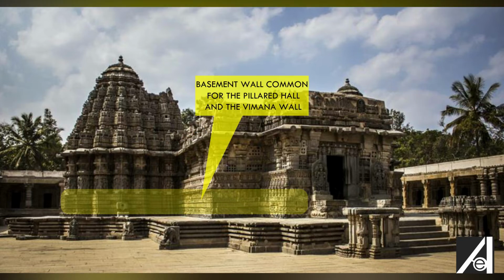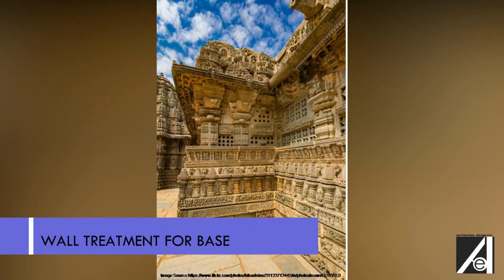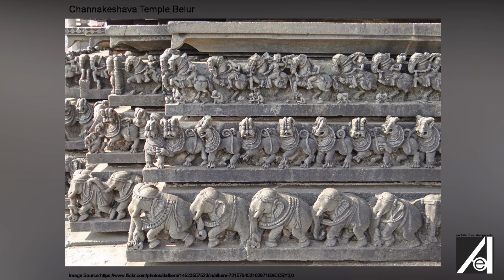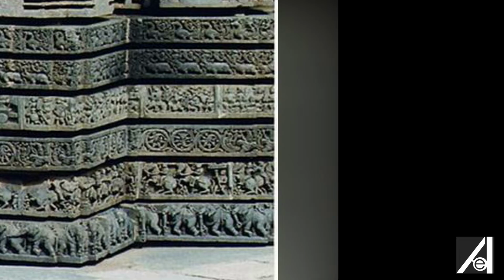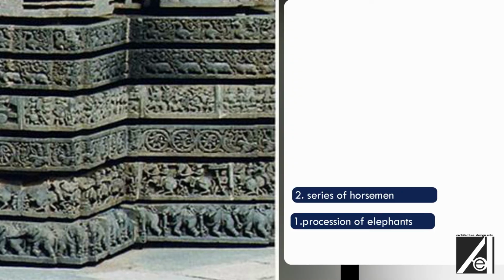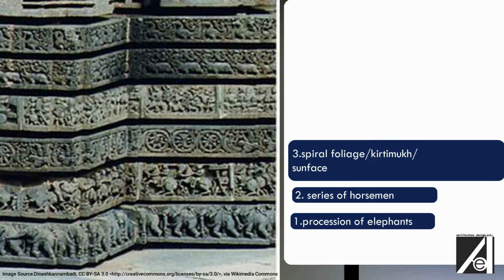So let's talk about the basement wall. Usually the basement wall consists of many bands, and generally the lowermost band consists of a procession of elephants. Then the second band consists of a series of horsemen. The third consists of spiral foliage or kirtimukh, also referred to as the sun face.